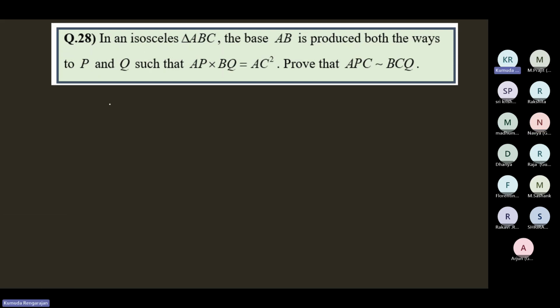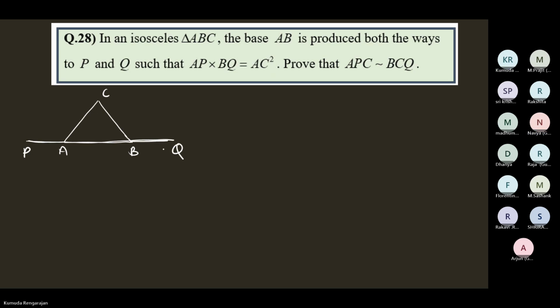Okay. Look at this one. In an isosceles triangle ABC, the base AB is produced both the ways to P and Q, such that AP into BQ is equal to AC square.